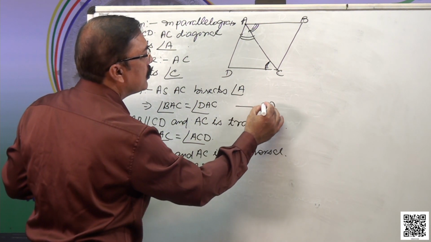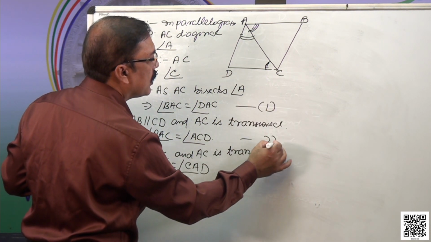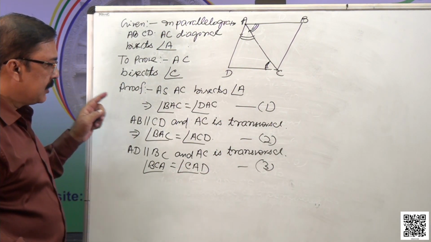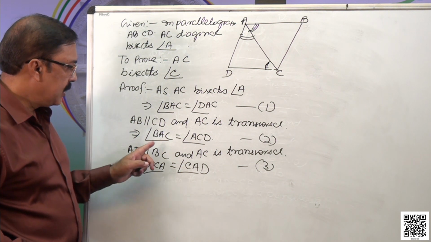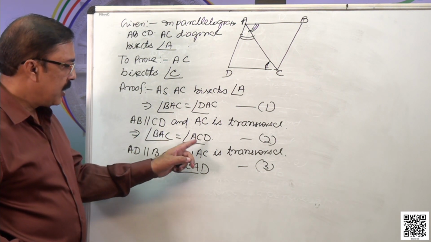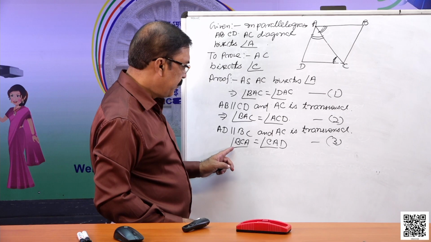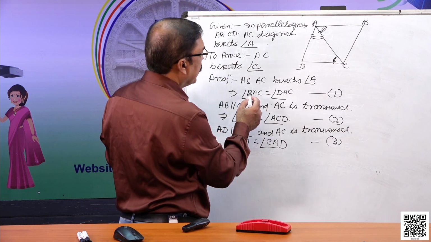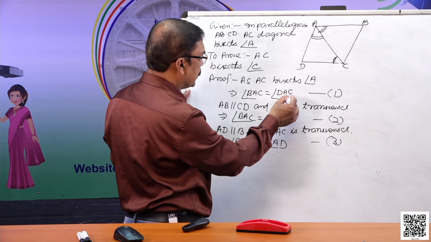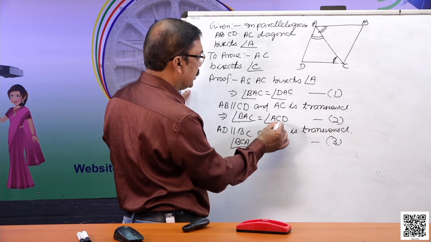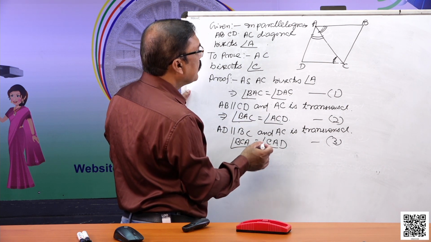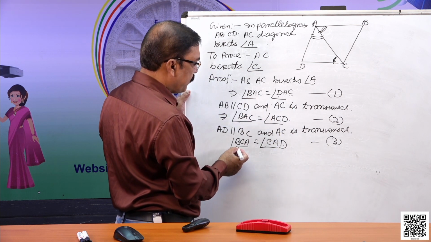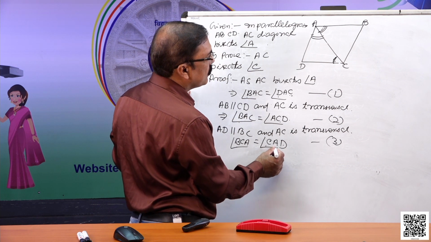Now the equations are like this: BAC equal to DAC, BAC equal to ACD and BCA equal to CAD. Now you see, as BAC equal to DAC, BAC equal to ACD and DAC or CAD equal to BAC, so BCA is equal to CAD.